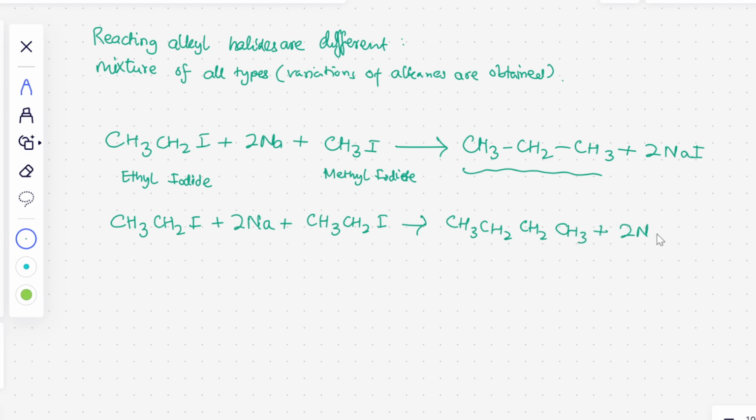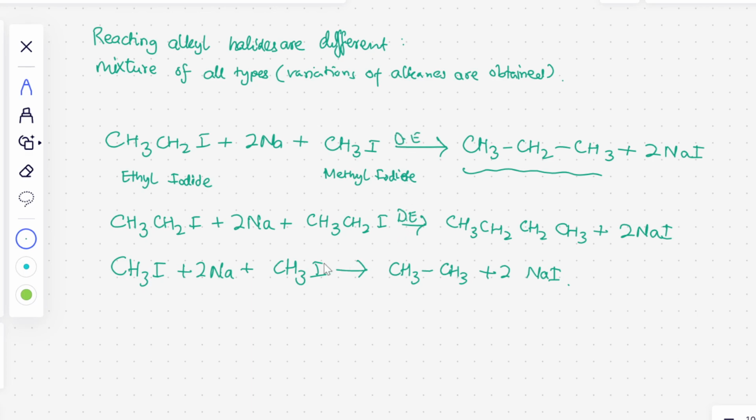And also methyl iodide would react among itself to give you this. So we get all possible products, one with ethyl iodide and methyl iodide, one with ethyl and ethyl iodide, and the other one with methyl and methyl iodide. All of these are in presence of dry ether.